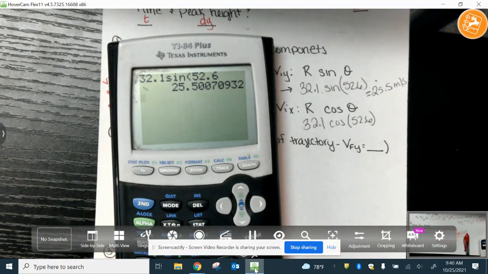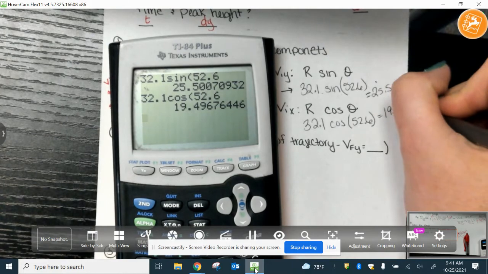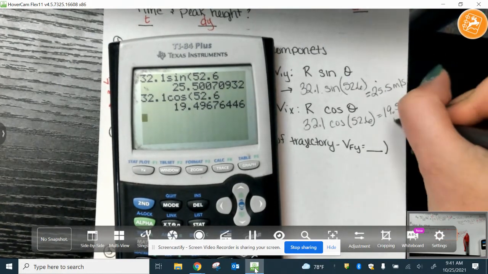So my y component, my initial velocity in the y direction is 25.5 meters per second. My initial velocity in the x direction, which is side to side, is going to be 19.5 meters per second, because I'm going to round that off.